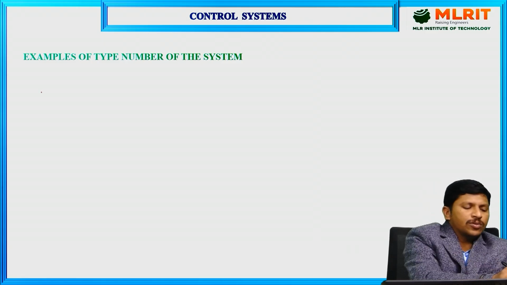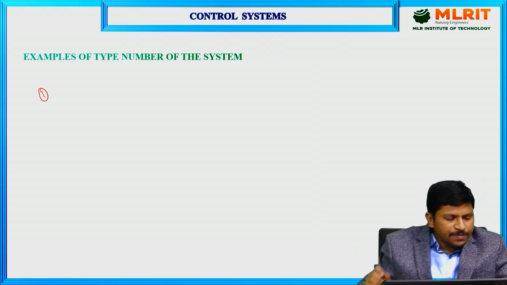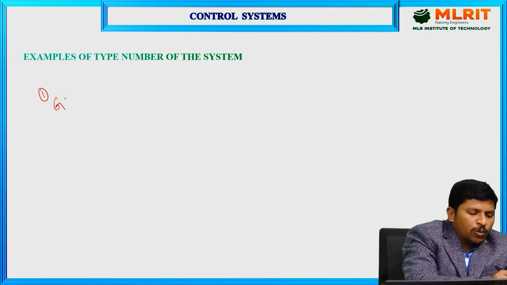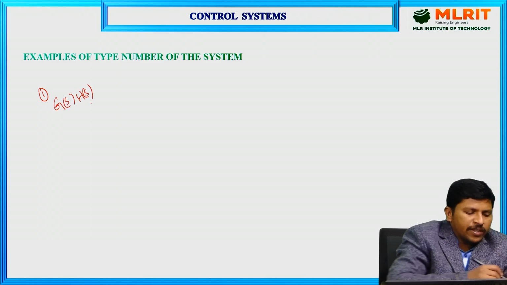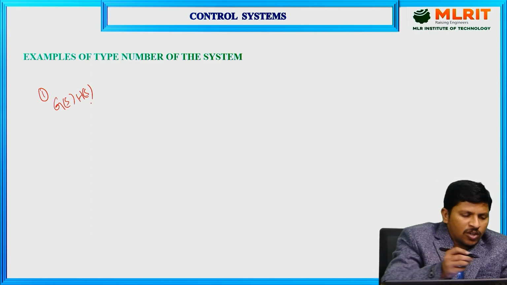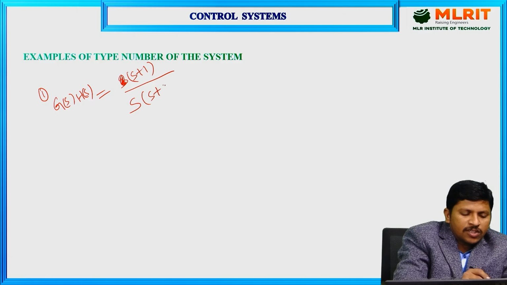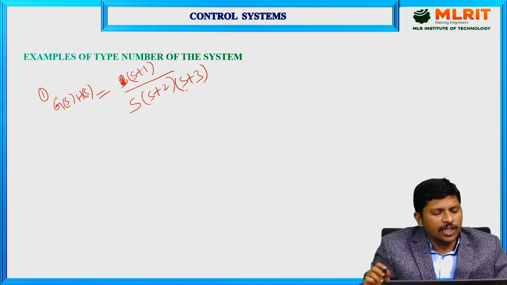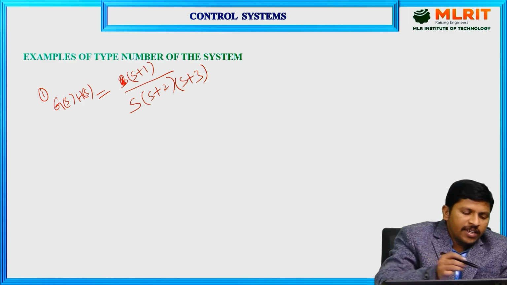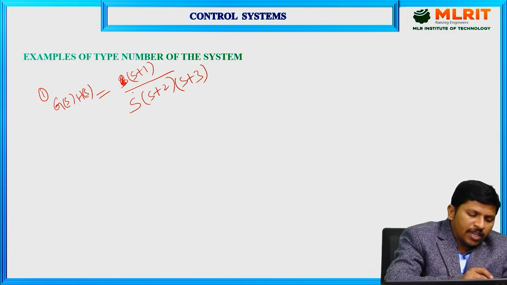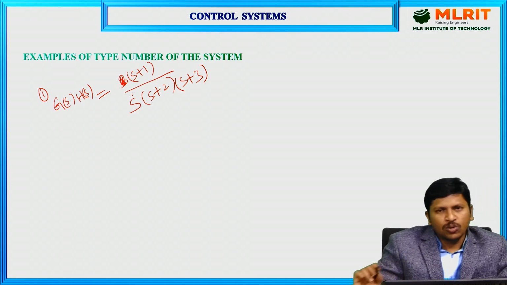I am going to consider one example. The loop transfer function G of s into H of s equals s plus 1 divided by s into s plus 2 and s plus 3. Observe here s power of 1, the s term.